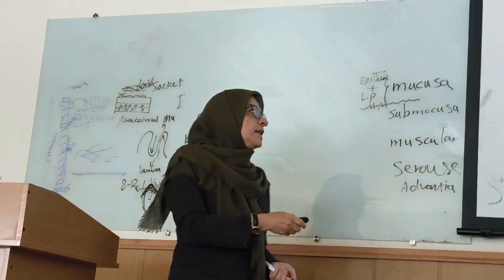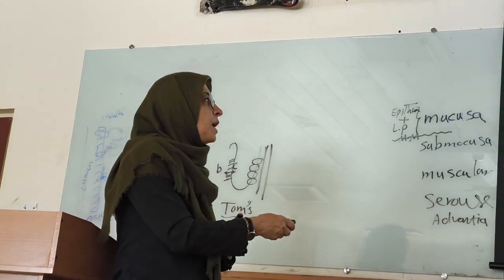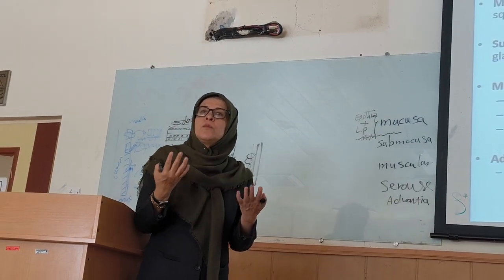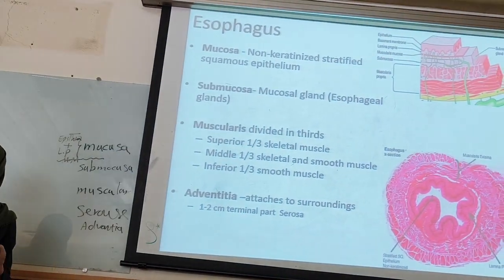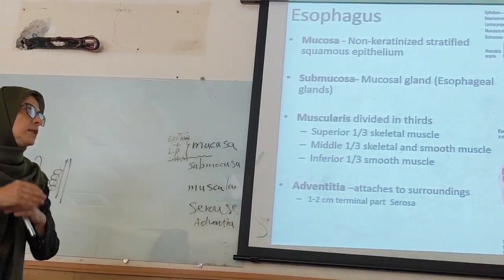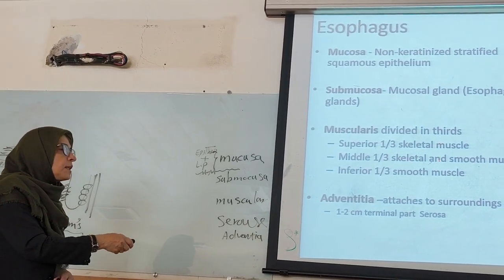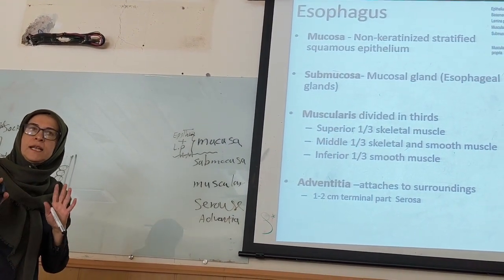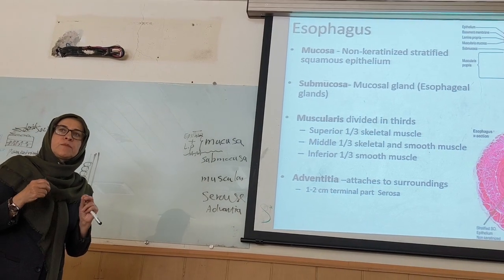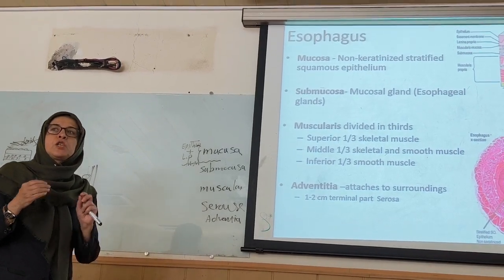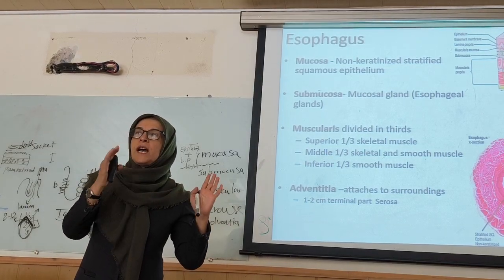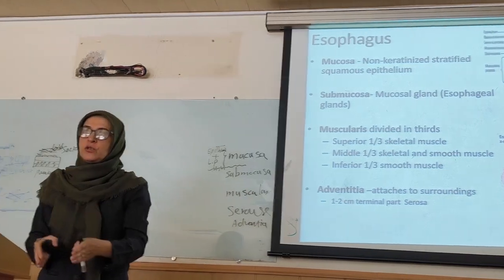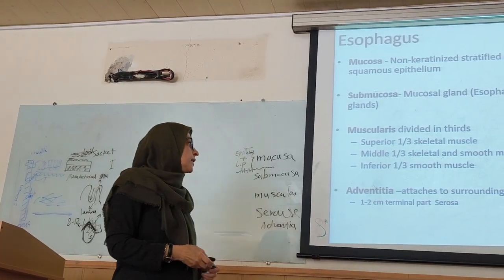The skeletal and smooth muscle fibers are located in different directions, but the upper part mostly includes skeletal muscle, the lower part mostly includes smooth muscle, and the middle 1/3 is a mix of skeletal and smooth muscle. Just memorize, they don't have any regular structures. It means that the muscle fibers don't arrange parallelly in a longitudinal or circular direction.